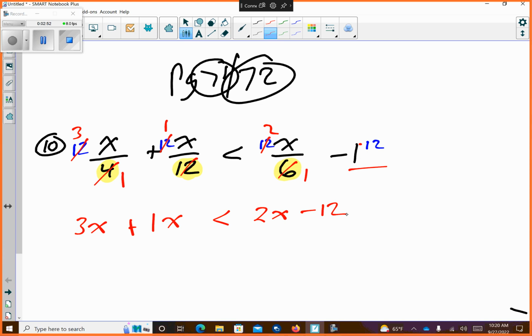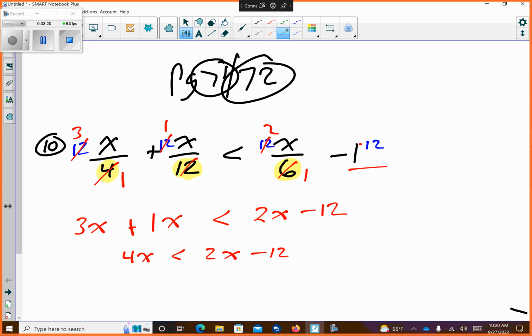Combine some like terms. I have a 3x and a 1x on the left side of the inequality sign. Agree? So what is 3x added to 1x? 4x. Okay. And I think we talked about it a little bit yesterday. The inequality sign acts like an equal sign. Agree?